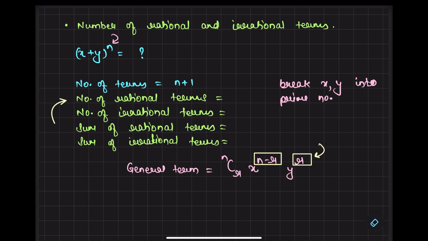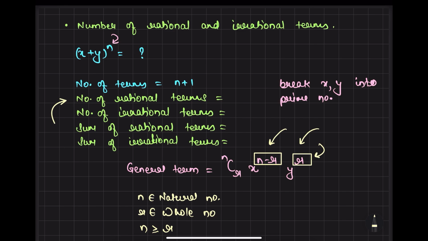Now, to make this general term rational, you know that these two powers have to be integers. Keep in mind that n belongs to natural numbers, r belongs to whole numbers, and n should be greater than or equal to r.